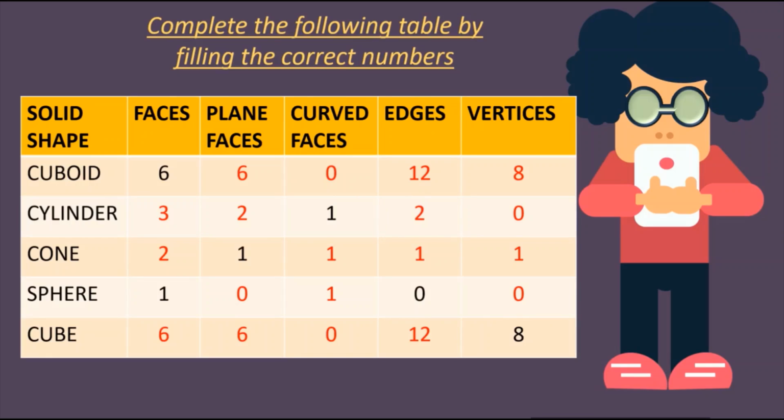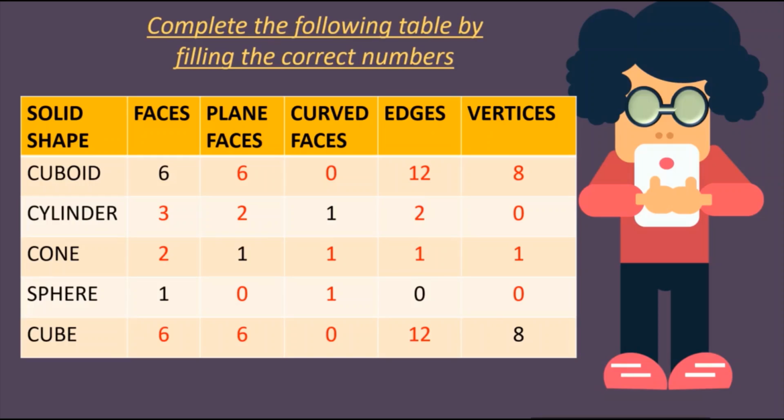This we noticed in the figures given. Cylinder has 3 faces, 2 plane and 1 curved face, 2 edges and no corners or vertices.